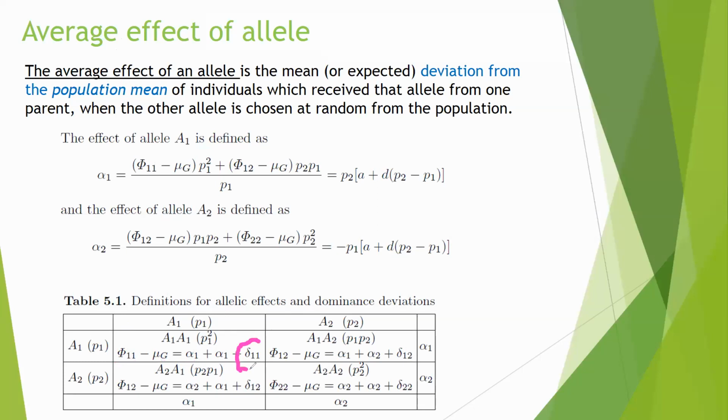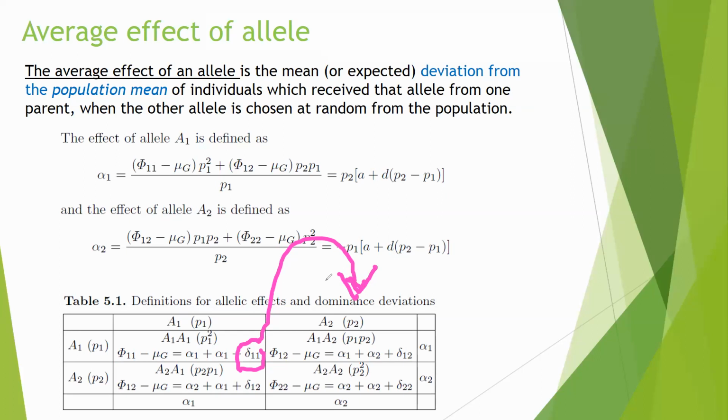We call this dominance deviation the interaction between the A1 allele and the A2 allele within the population, which is a non-linear feature. It cannot be simply captured by the simple linear model, unless we use a more advanced model, for example a polynomial or higher-order combination model. Then we will be able to capture this effect.